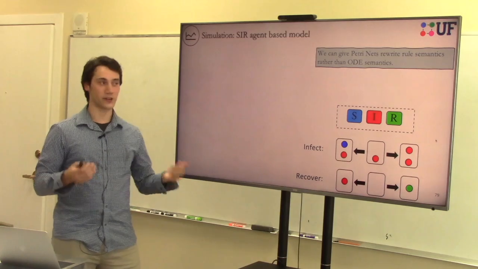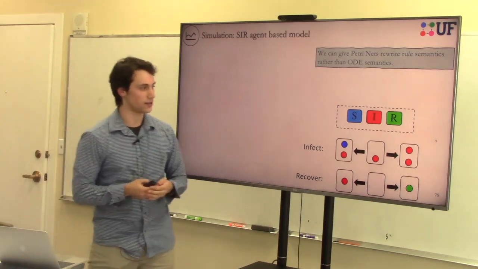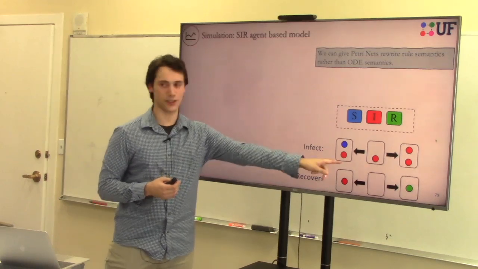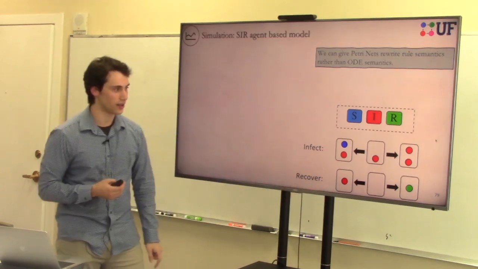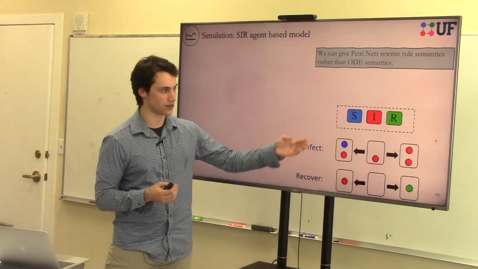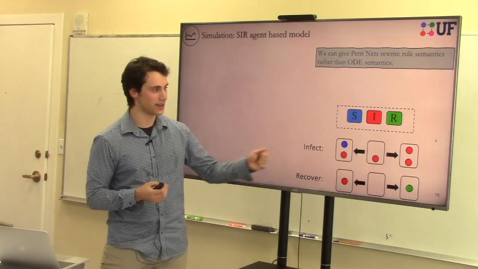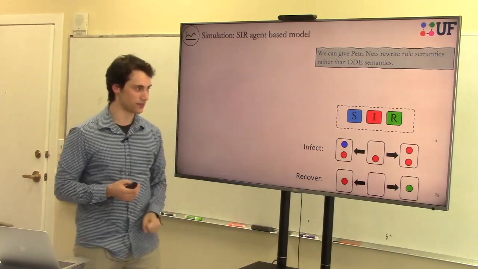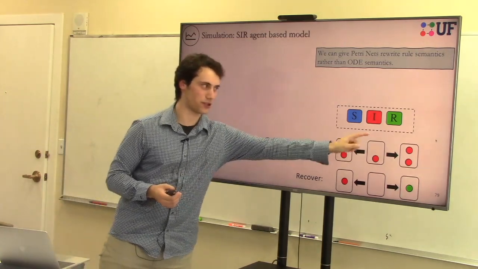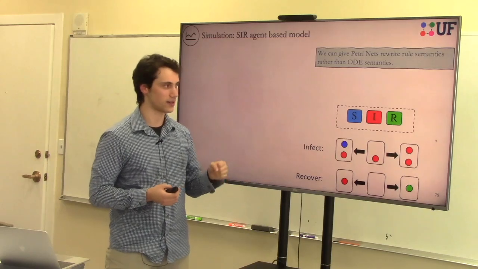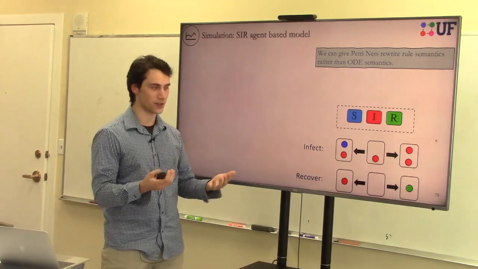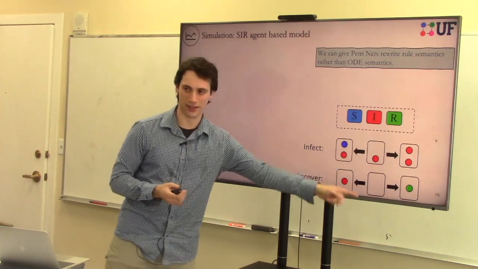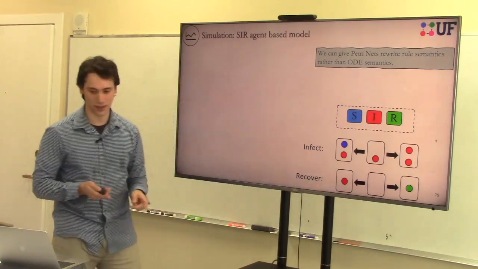So we could perform rewriting on that schema. And you might imagine that from the Petri net itself, we can automatically generate these two rewrite rules just from the structure of the Petri net. One of those rewrite rules says, I want to find a match of an infected person and a susceptible person, and I want to replace that with two infected people. And another rewrite rule that you also could have generated automatically is I want to take an infected person and replace it with a recovered person.